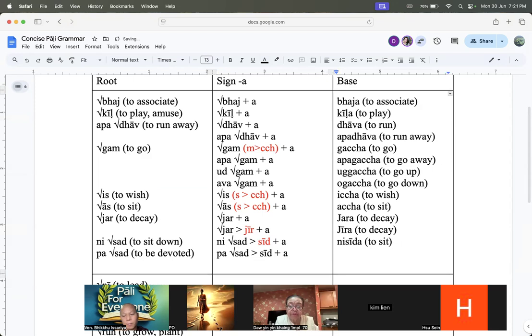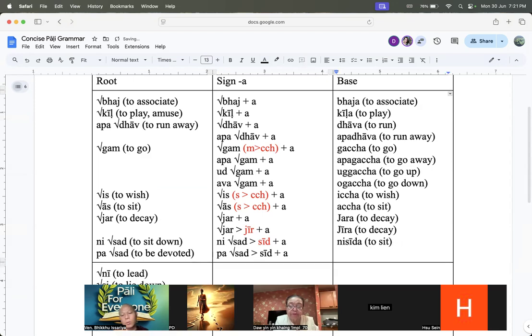So ba si da means to be devoted. Bodhi, Basita, Dhammi, Basita. So I am devoted to the Buddha, like that.